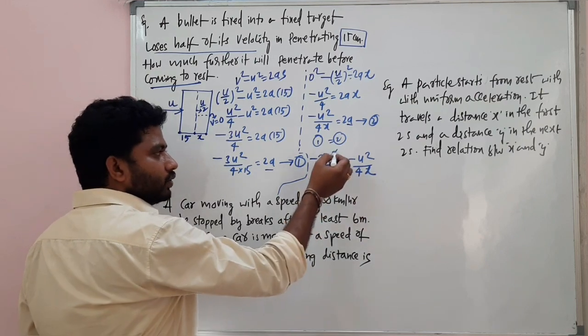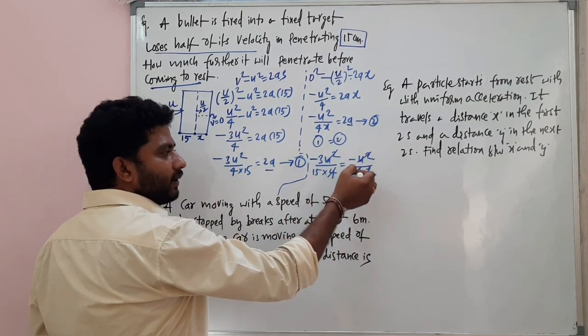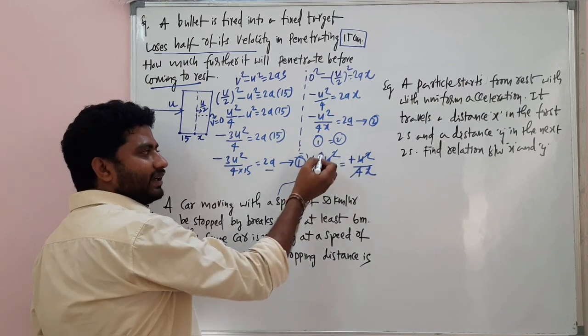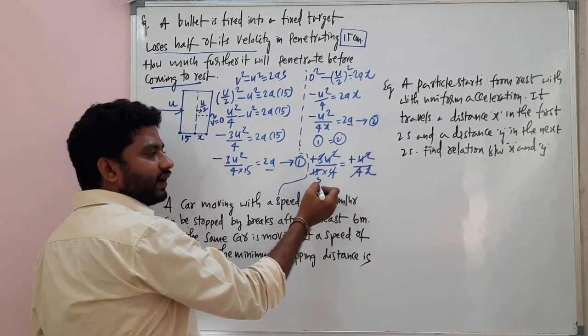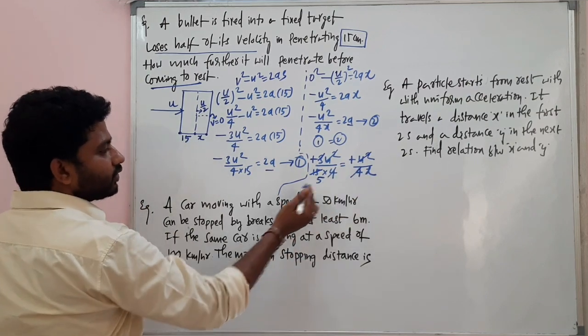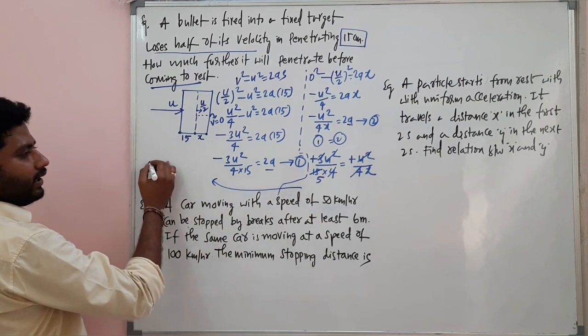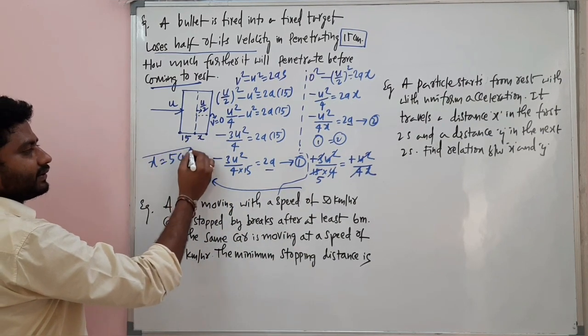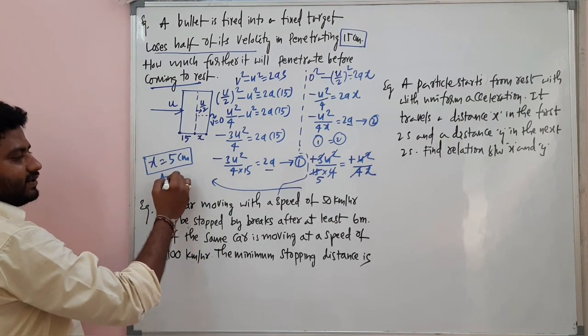See, u square by 4 and u square by 4 cancel. Minus minus also cancel. It is 3 ones and 3 fives. So what is remained? If you observe carefully, you have remained only x is equal to 5 centimeters. So this is your answer.